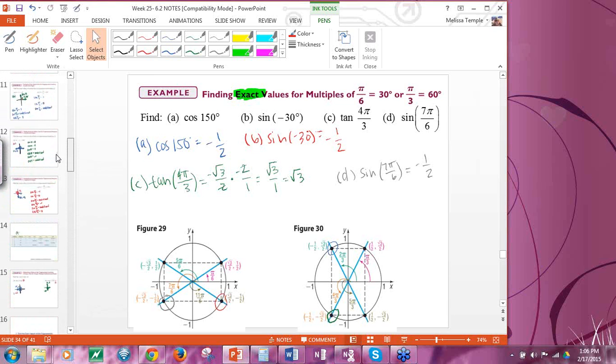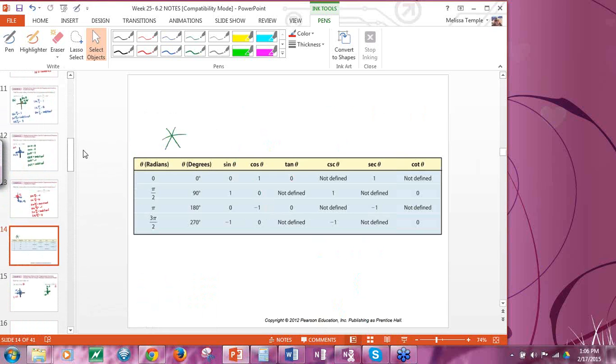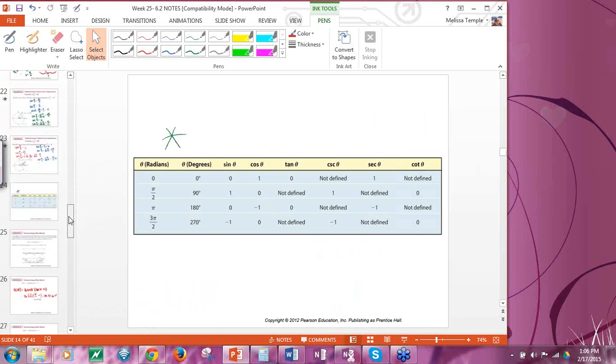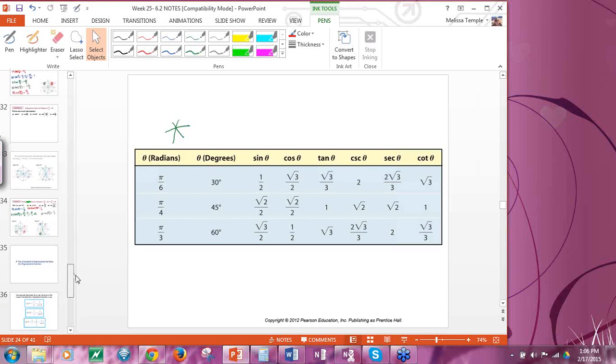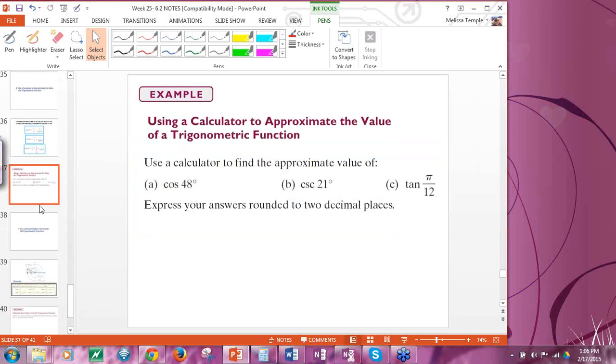You can see that in our table. A lot of these are irrational numbers. So if you just plug it into your calculator, it's going to give you a rounded answer, which is not exact, in which case it won't work. So you don't want to use your calculator unless it specifically says use your calculator to approximate.